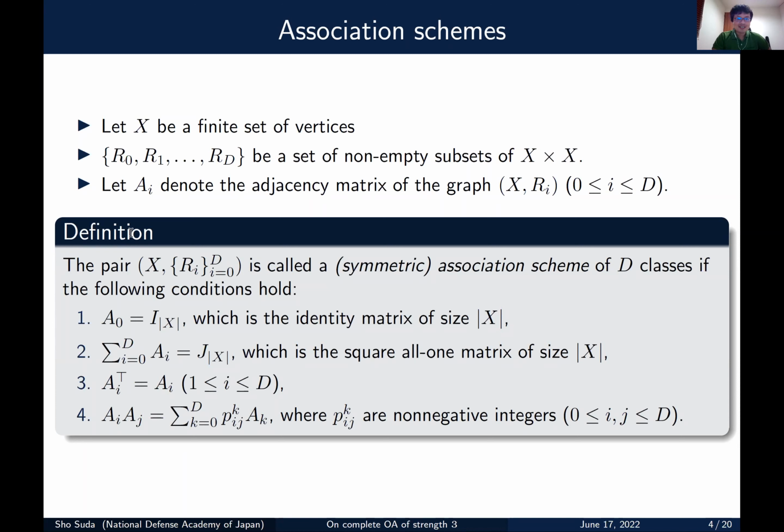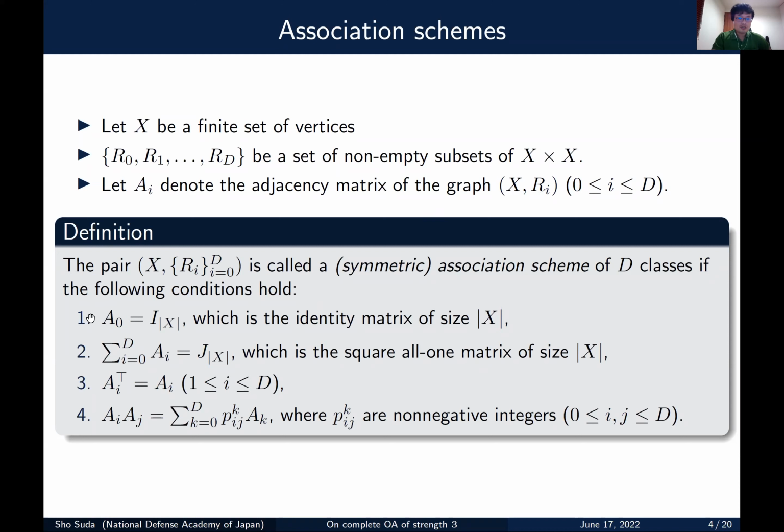I want to skip some parts, but at least I want to define symmetric association schemes. It is a pair of a finite set X and binary relations R_i. This pair is said to be a symmetric association scheme if the following four conditions are satisfied. Here A_i is the adjacency matrix of the graph whose vertex set is X and whose edge set is the binary relation R_i.